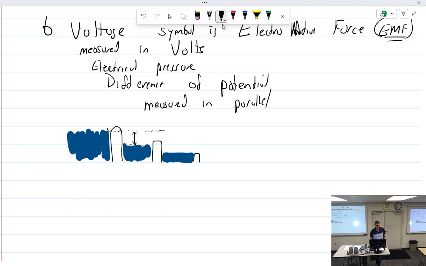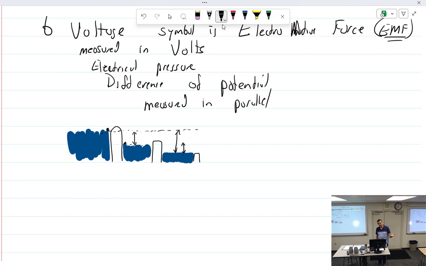So we'd put a probe here and a probe here and measure the difference between the two, and that would be our voltage. Or we carry this out over here. The difference between here and here, or between here and there. So the voltage drop.